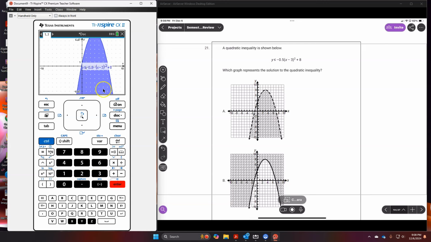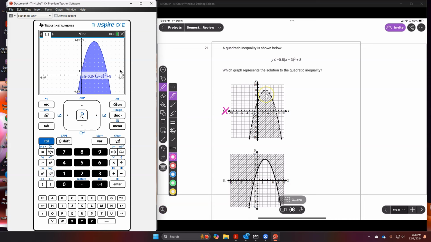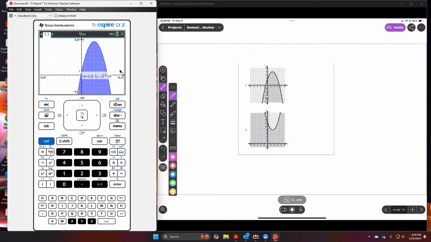And you notice that our boundary is going to be a solid line, so we definitely know that it won't be A. And we also know that B has a wrong solution set. So now it's between C or D, and this one was straightforward, so your answer is C.